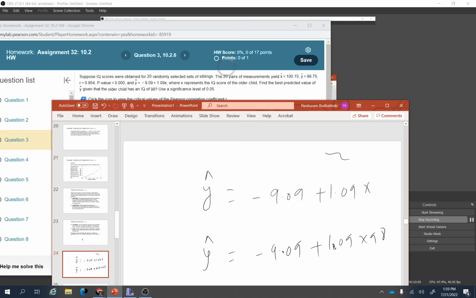We can use this equation because the critical value is less than the correlation coefficient.